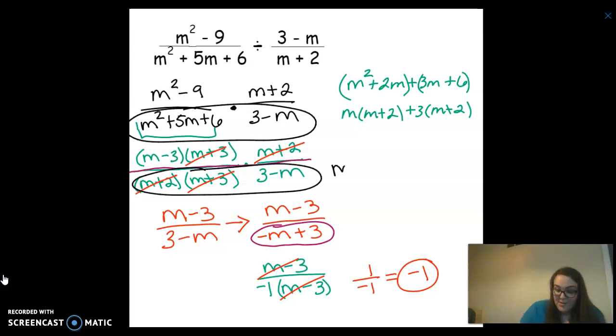M cannot equal -2. M cannot equal -3. And believe it or not, that -3 also stays for that 3 minus m. Ooh, actually I lied. That 3 minus m actually means that m cannot be +3.